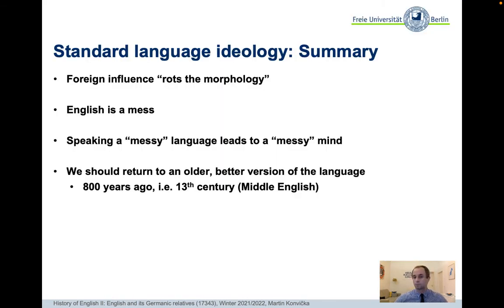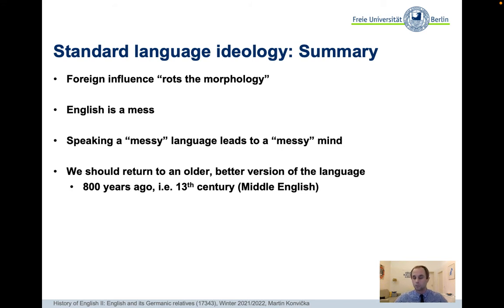Okay, so what we've seen is that, right, the past, the older, the better, basically. Again, the equation of language use and cognitive abilities. The idea that the way people speak their language nowadays is somehow chaotic, not organized, and, to quote the person, a mess.